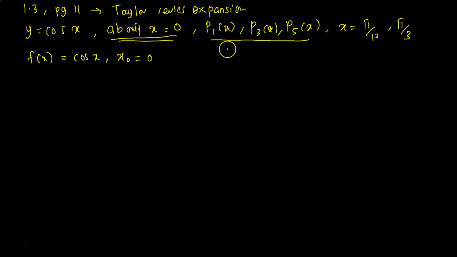And all these P, actually you have to base on the Taylor series formula. That is, we need to find here P1, P3, P5 by using the Taylor series formula.